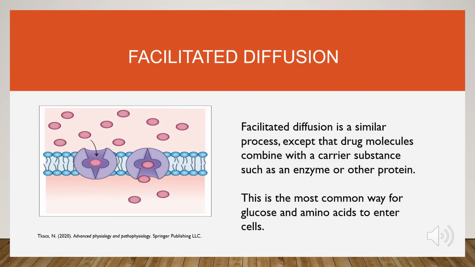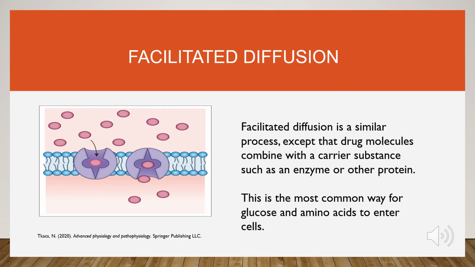Facilitated diffusion is a similar process, except that drug molecules combine with a carrier substance such as an enzyme or other protein. This is the most common way for glucose and amino acids to enter cells. This pathway involves passage through protein channels to go all the way through the cell membrane. Only a few drugs can use this pathway because most drug molecules are too large to pass through the small channels.